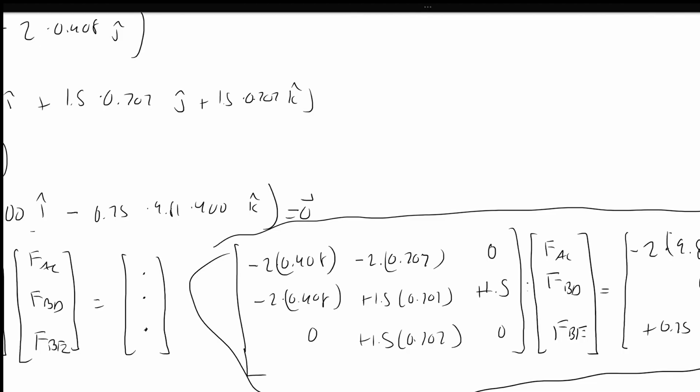Okay, and then on the other side, b is equal to minus 9.81 times 400 times, let's see, minus 2, 0, 0.75. That's a column vector. Okay, so now I should be able to do that.